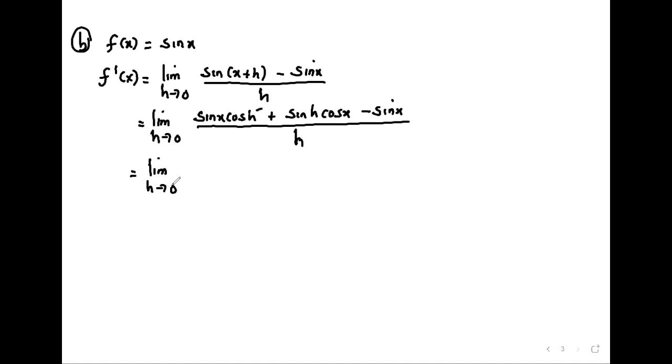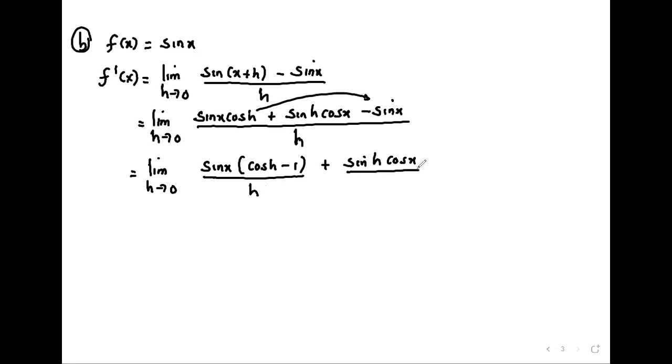We factor out sine here and we remain with cos h minus 1 plus sin h cos x. And so we can now divide by h here and divide by h here. The same thing.